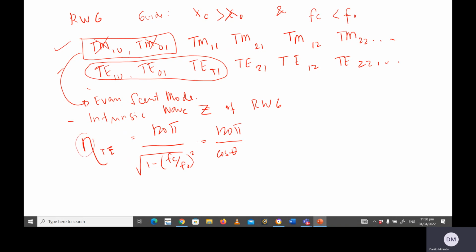Or we could have this one for the TM, which will be equal to 120 pi times the square root of 1 minus the quantity of FC over F sub O square, which is also equivalent to 120 pi cosine theta. Okay?